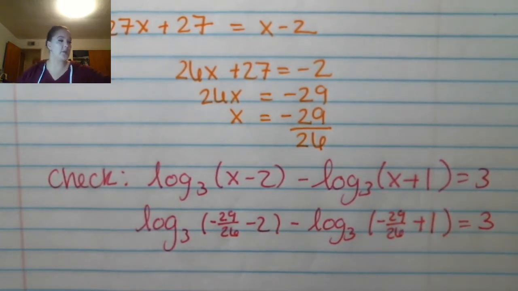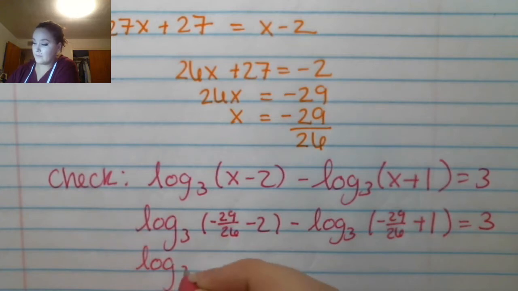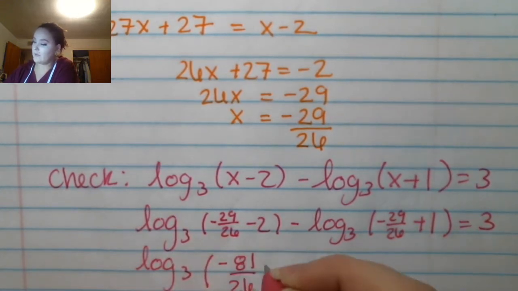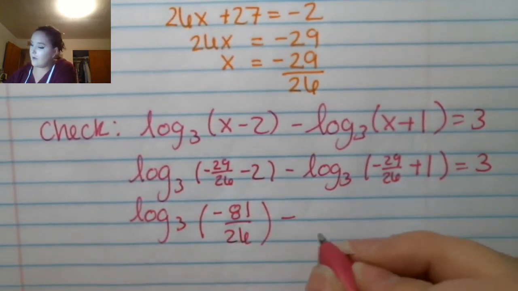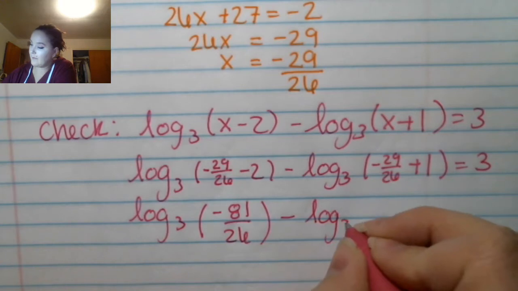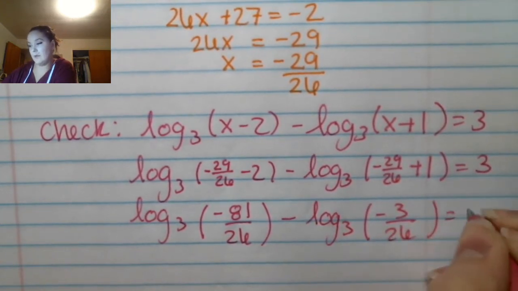in the first term, we're going to get negative 81 over 26, and in the second term, we're going to get negative 3 over 26.